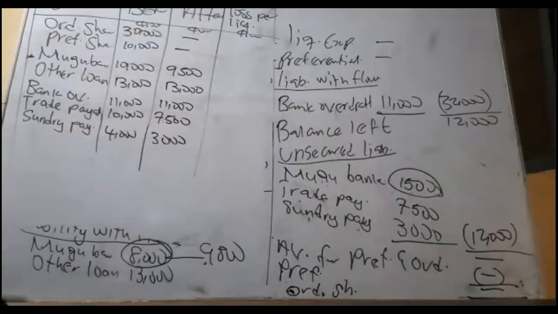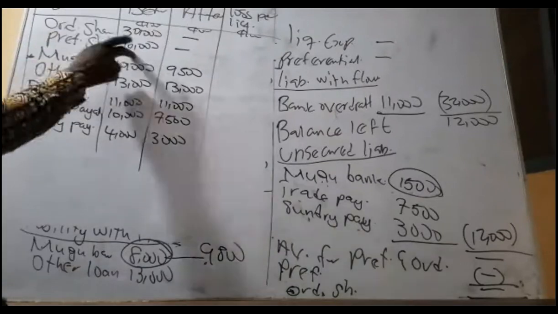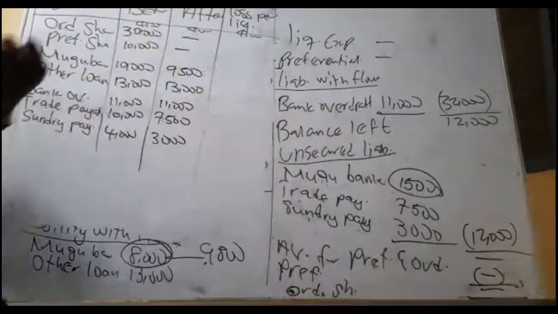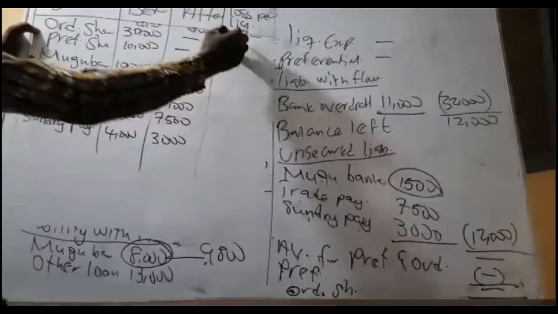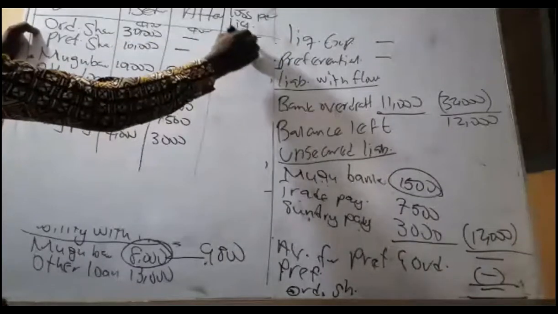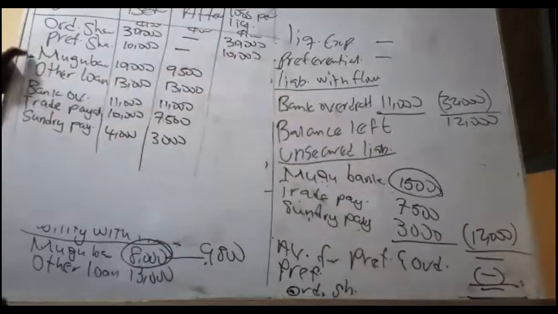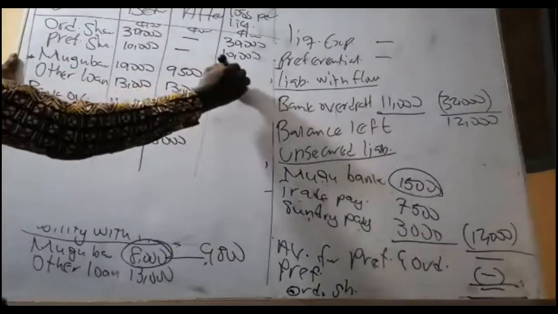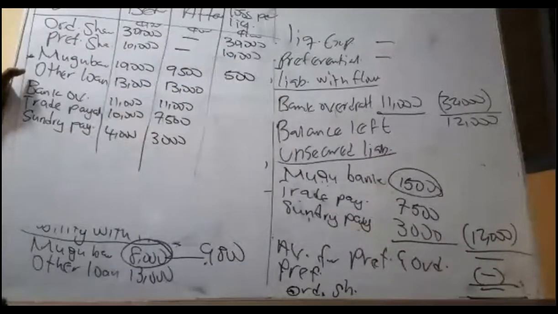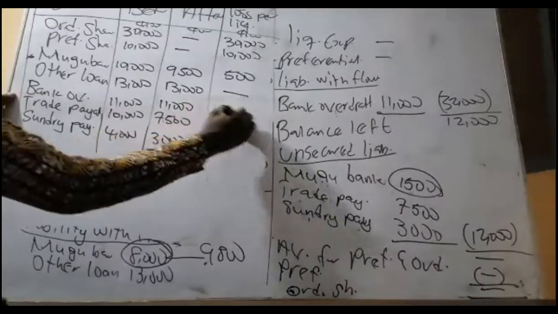Now let's calculate the loss per liquidation. Loss per liquidation is this minus this. Ordinary shareholders, they are losing everything, the entire 30,000 gone. Preference shareholders, they are losing the entire 10,000. Mugu Bank will lose 500. Other loans, bank overdraft, dash.